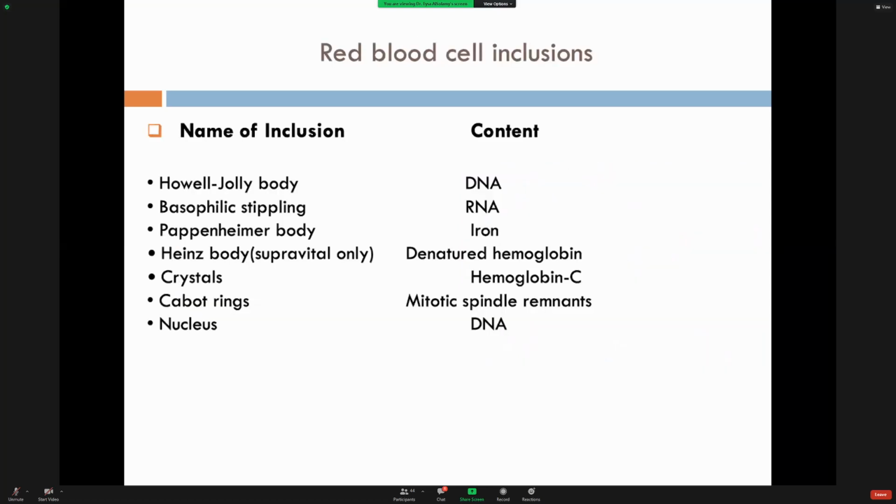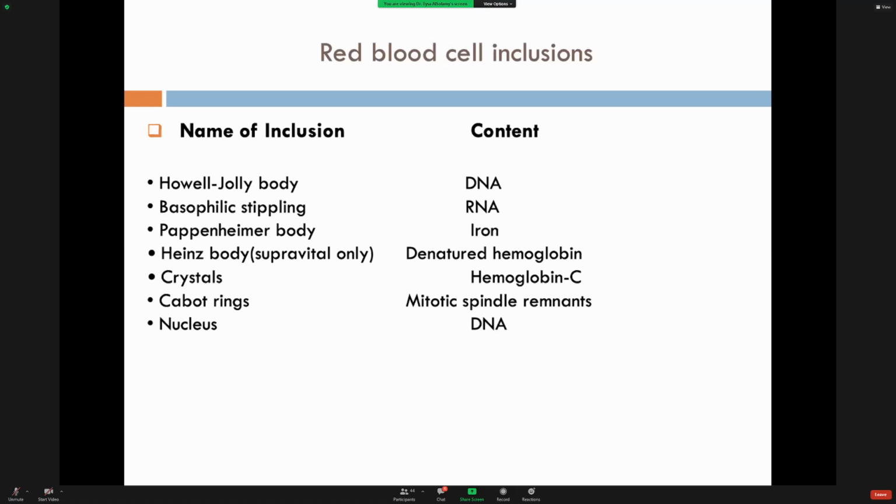Okay, we finish from poikilocytosis. Then we have to go to the inclusions. Red blood cell inclusions.